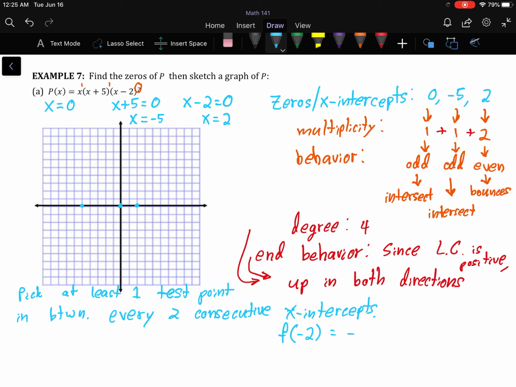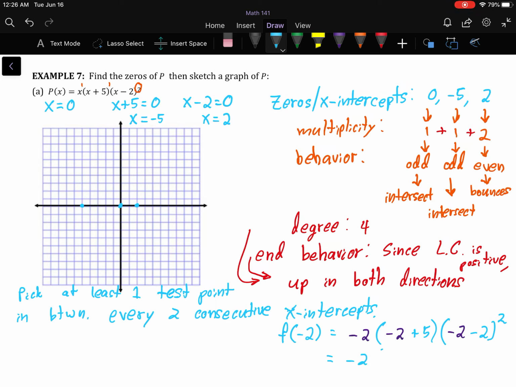So we plug in -2 for x, and we get -2 times (-2 plus 5) times (-2 minus 2) all squared.